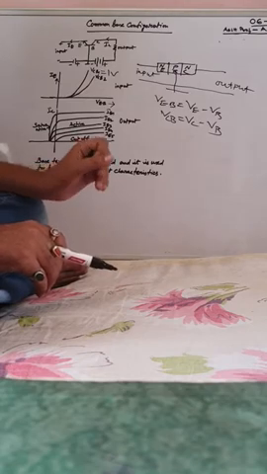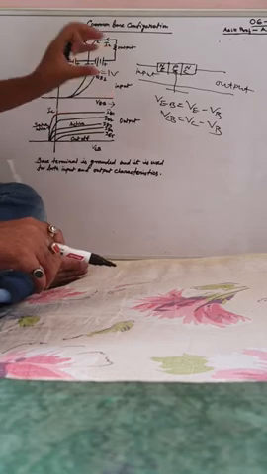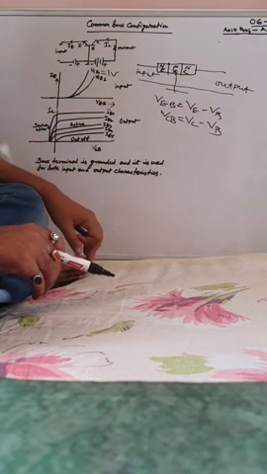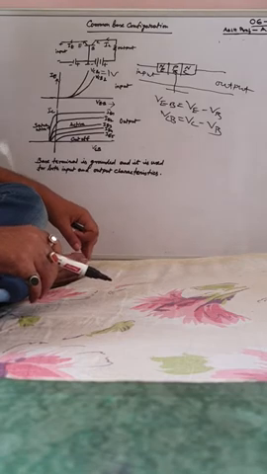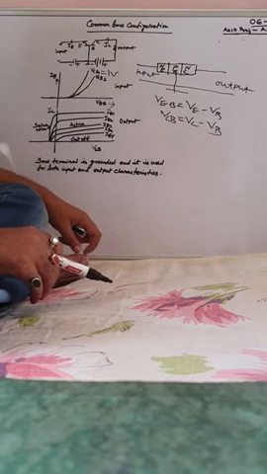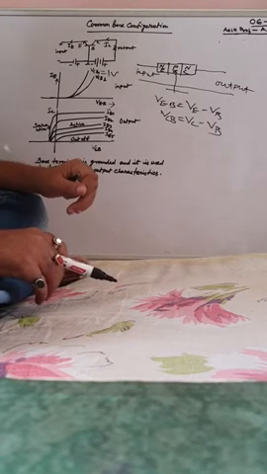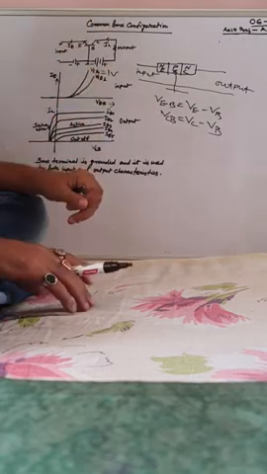The emitter, having the highest doping, generates charge carriers that go to the base for recombination.